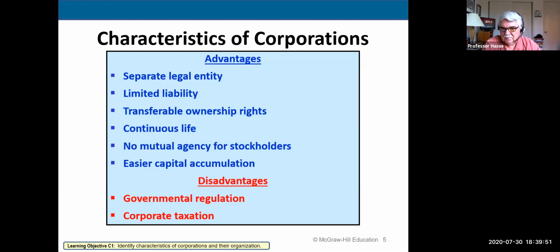Another advantage of being a corporation is you can transfer ownership rights. If I'm a private corporation and I have the company in my name, the only way I can cash out of the company is selling it. But if I own stock in a corporation, I can sell that anytime I want, as long as somebody's willing to buy it on the New York Stock Exchange.